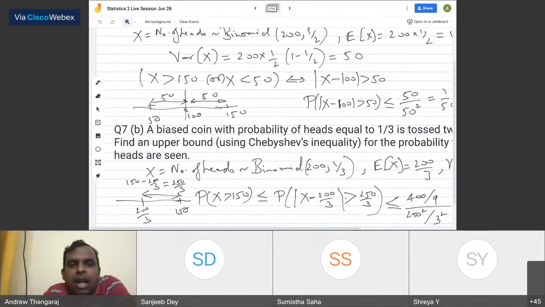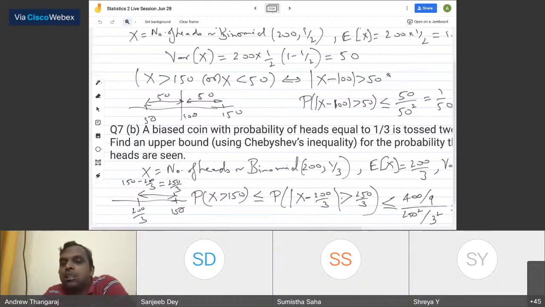So 100 is my mean, and I'm going less than 50 or greater than 150. Draw that on a number line and look at the distance between 150 and 100, and 50 and 100. You see 50 shows up as the distance in both cases. So you can easily argue that x greater than 150 or x less than 50 is the same event as the absolute value of x minus 100 being greater than 50.